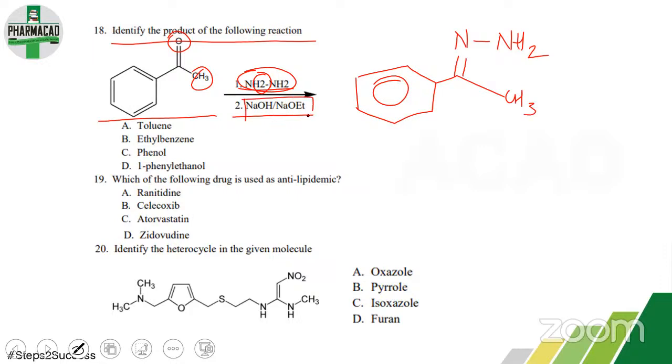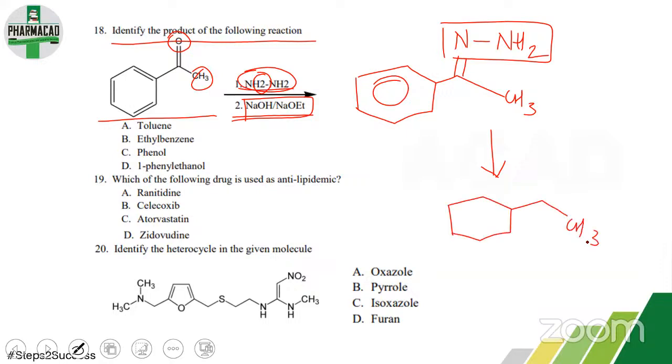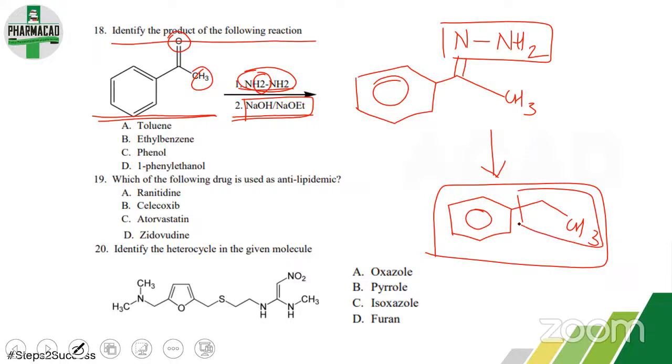When we will react with the sodium hydroxide or sodium ethoxide, this will be removed and we will get a simple hydrocarbon over there. So from this acetophenone, we will get this product, which is an ethyl substitution on this benzene. So the answer is ethyl benzene, not toluene, because it is not with methyl. It is with ethyl. So the answer is option B, ethyl benzene.